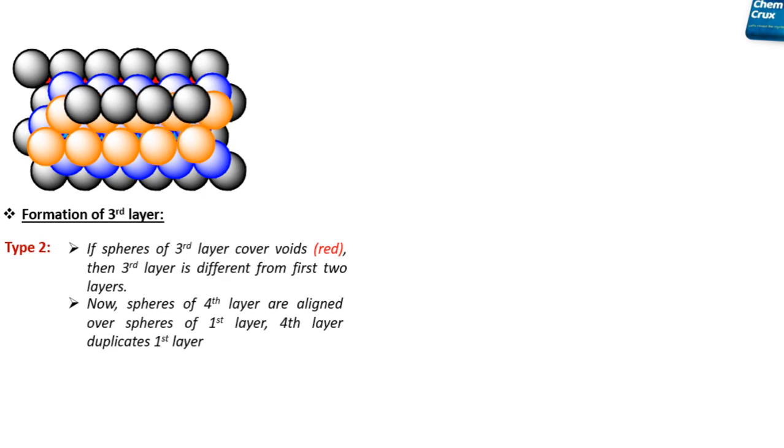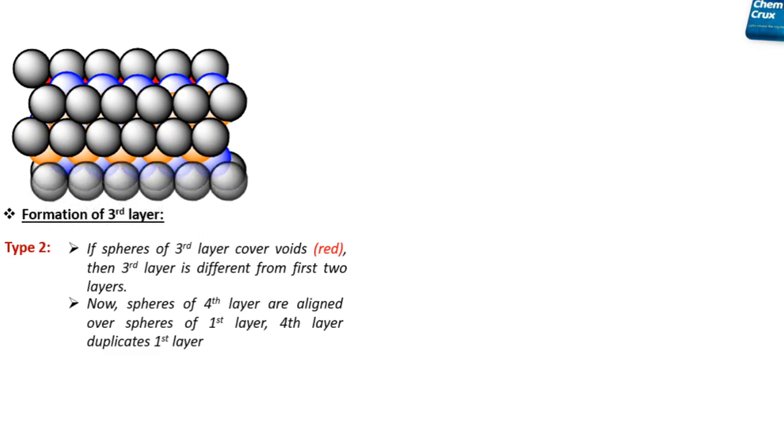Now as I add another sphere, you can see it will align with the sphere of the first layer, right? Again the second row for the fourth layer will align with the spheres of the first layer. This is another row of the fourth layer, correct?